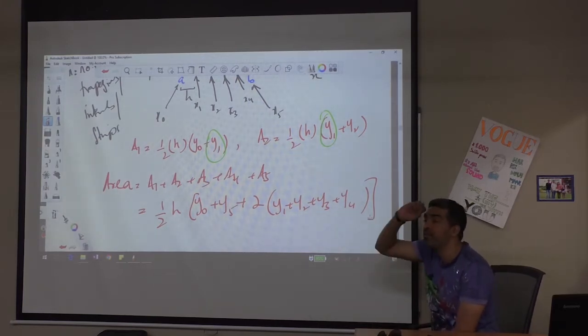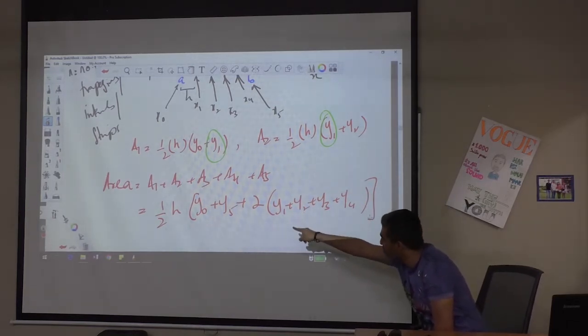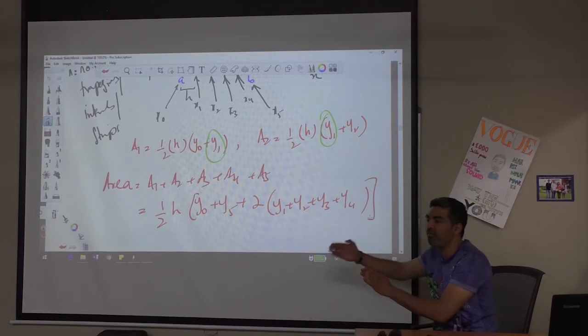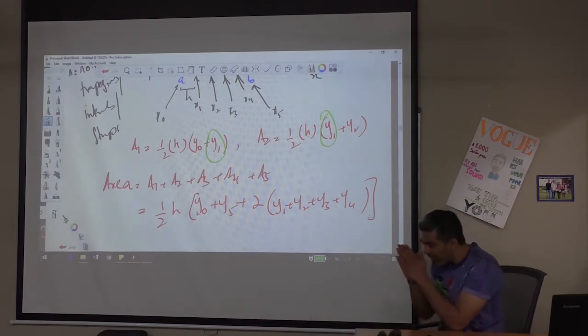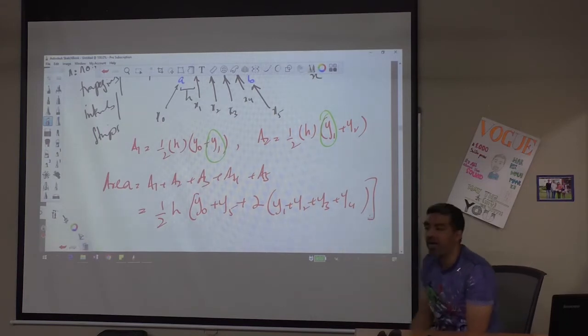अब अगर मैंने seven strips दिए होते, then it would have been y0 plus y7 plus 2 times y1, y2, y3, y4, y5, y6. All the intermediate ones twice, first one, last one as it is, multiplied by half edge, you get it. This is the Trapezium Rule. Simple.